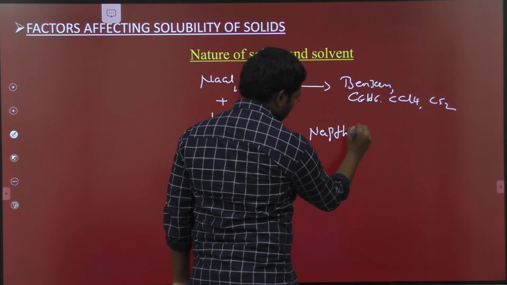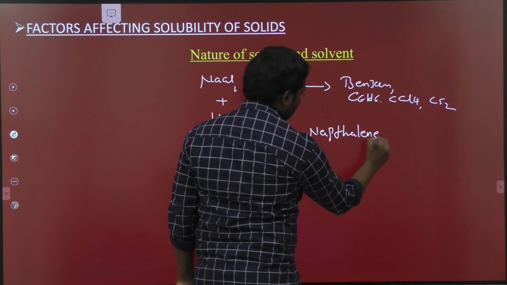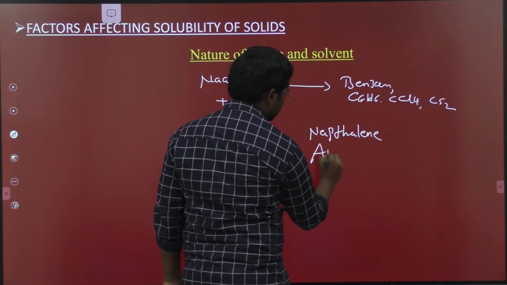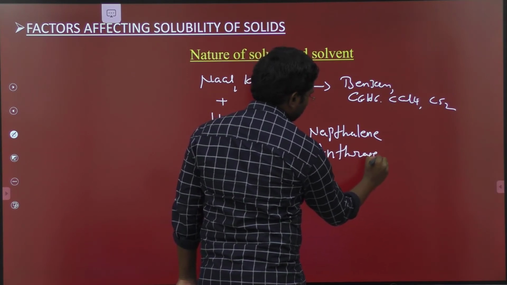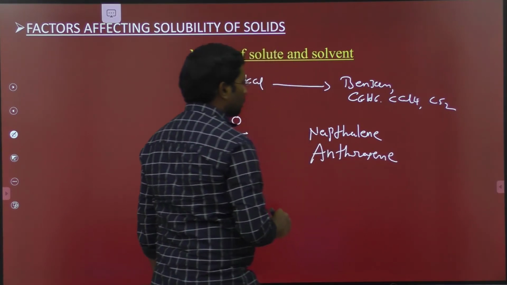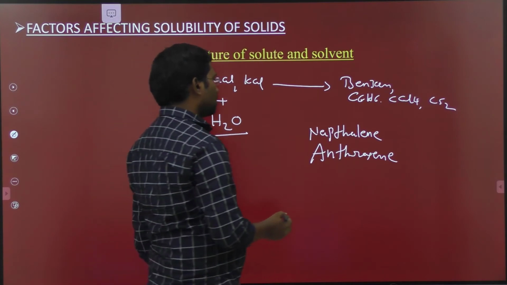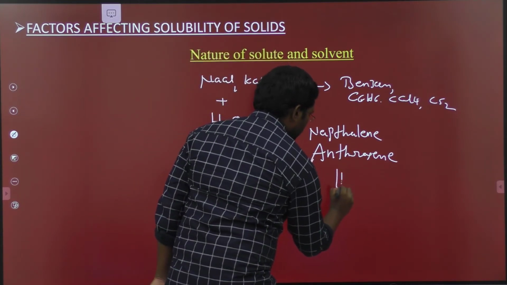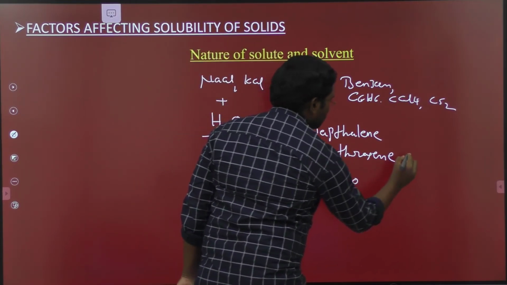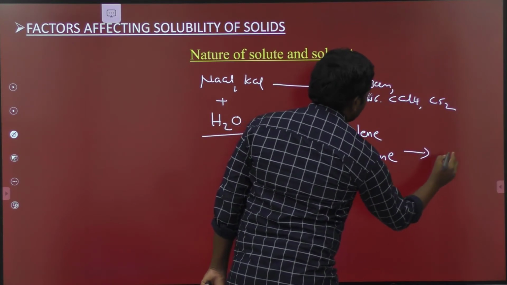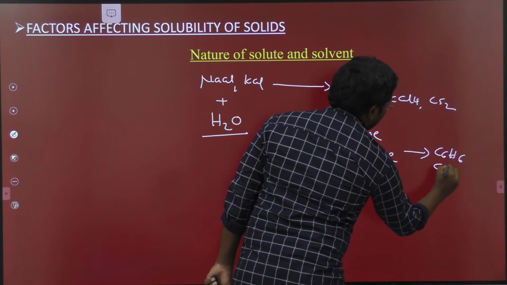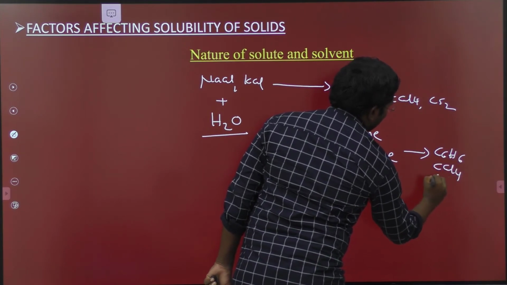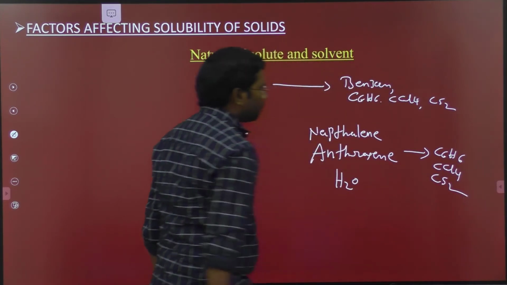Naphthalene and anthracene do not dissolve in water. They can be dissolved in benzene, carbon tetrachloride and carbon disulfide.